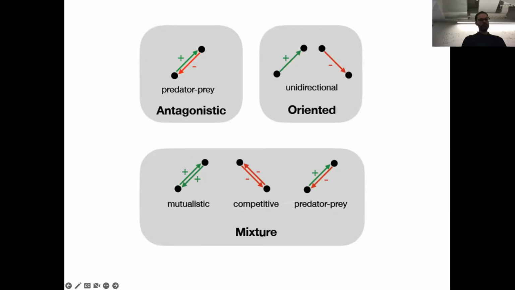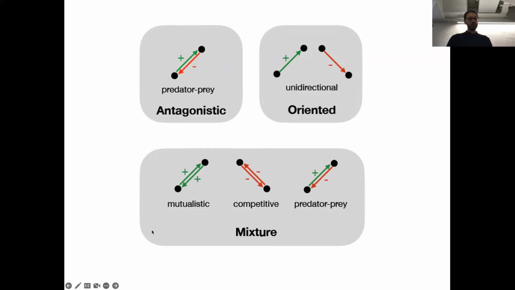But how about antagonistic? Antagonistic means if in one direction the weight is positive, in the other direction it is negative. So it's also called sign antisymmetric. The values can be different, so it's not the same as antisymmetric, because the values of the weights can be different. It just means that in one direction it's positive and in the other direction it's negative.